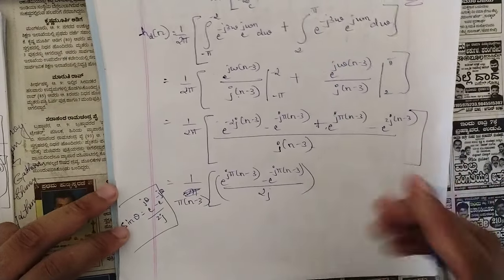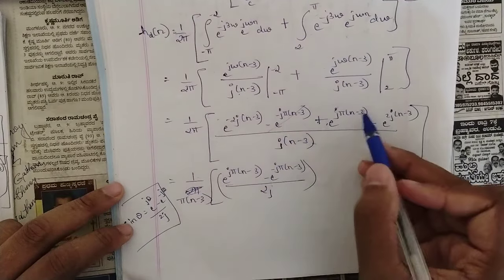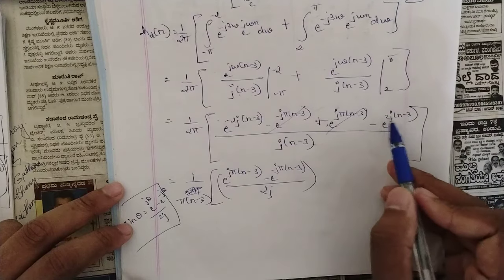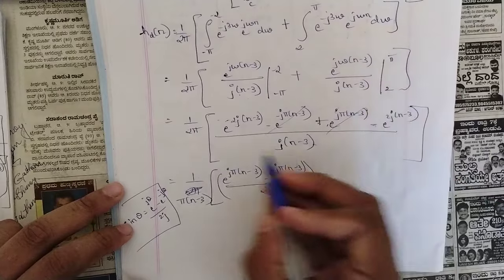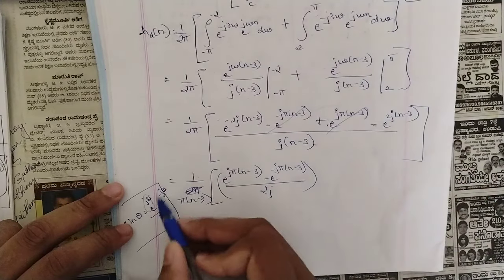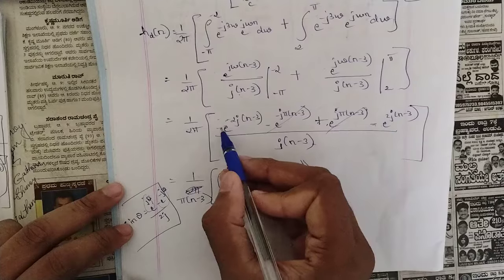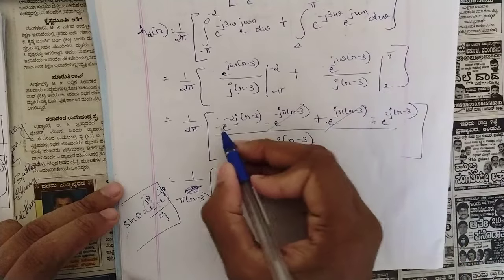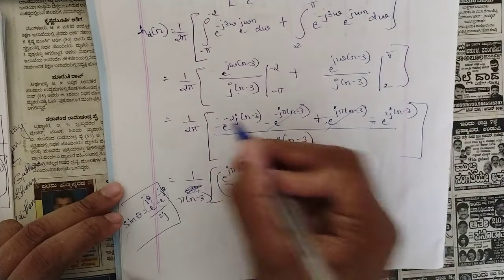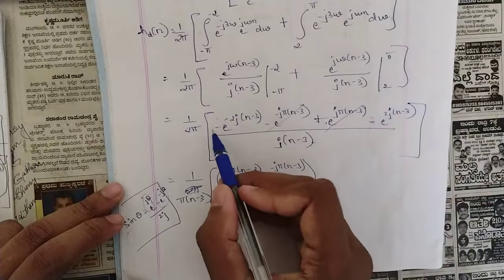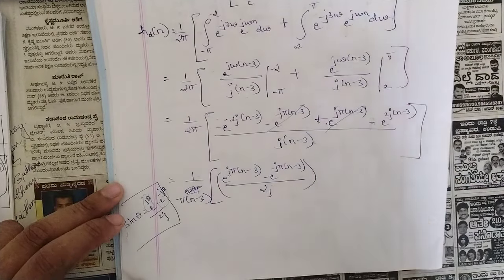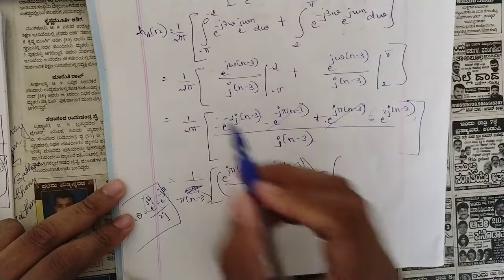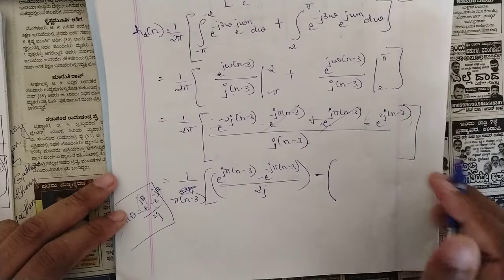Next, these two terms are over, and we are left with e power minus 2j(n minus 3) minus e power 2j(n minus 3). If you observe carefully, the terms are the same, but the signs are changed. To satisfy the formula, we should have minus here and plus there, but instead we have a positive term here and a negative term there. So I take the negative common term outside and replace the polarities, writing plus in place of minus.